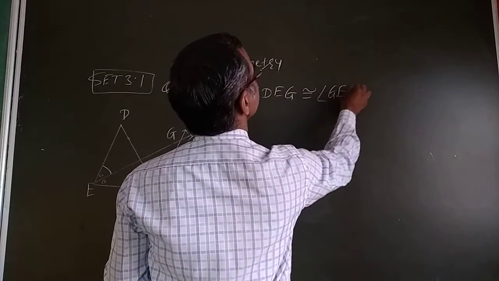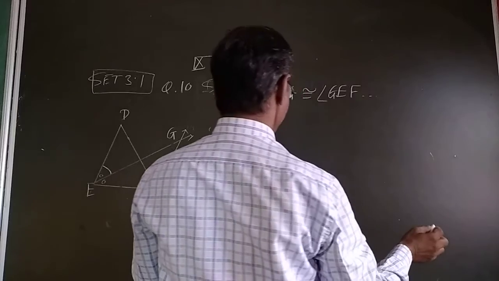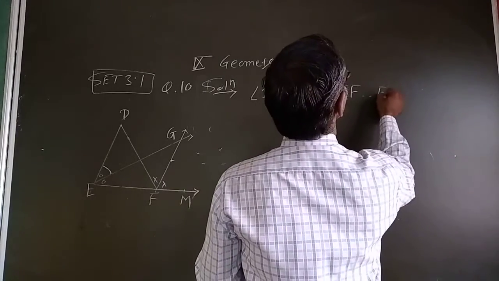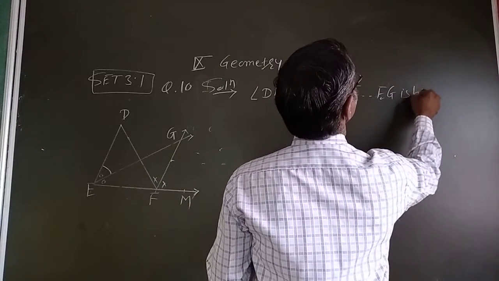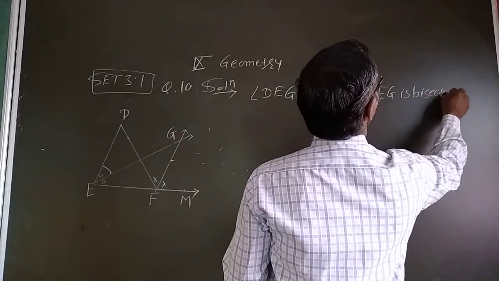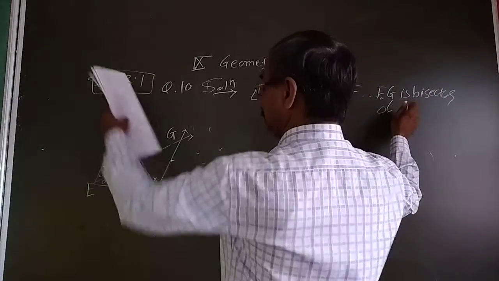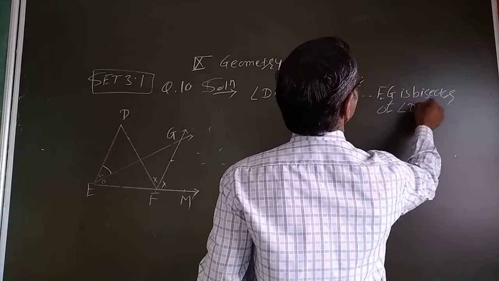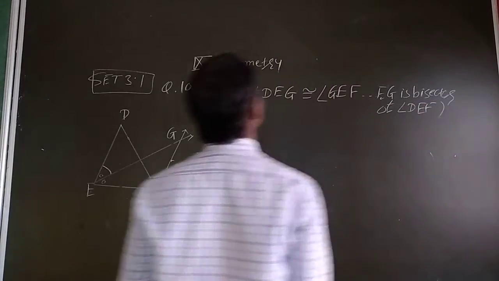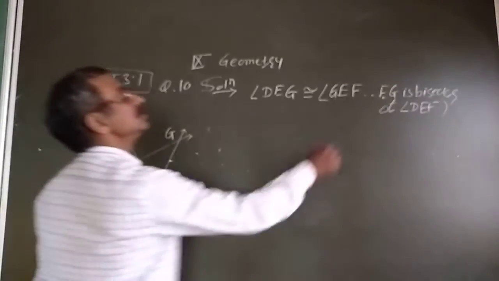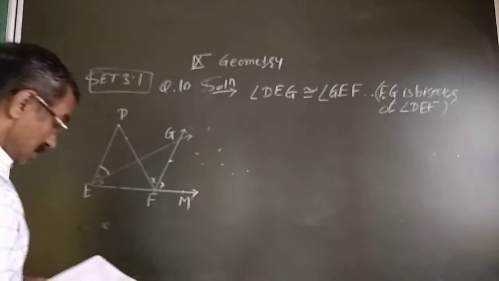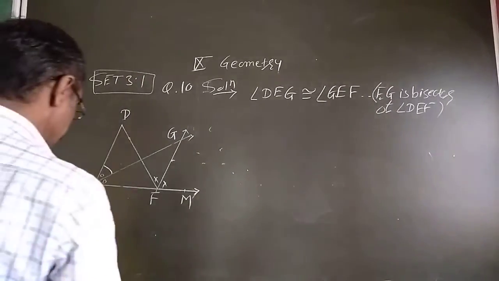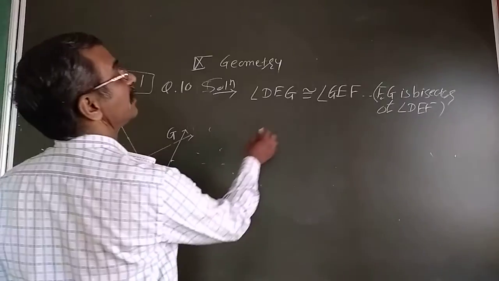That is given because EG is the bisector of angle DEF. Then we consider both angles as x degree.